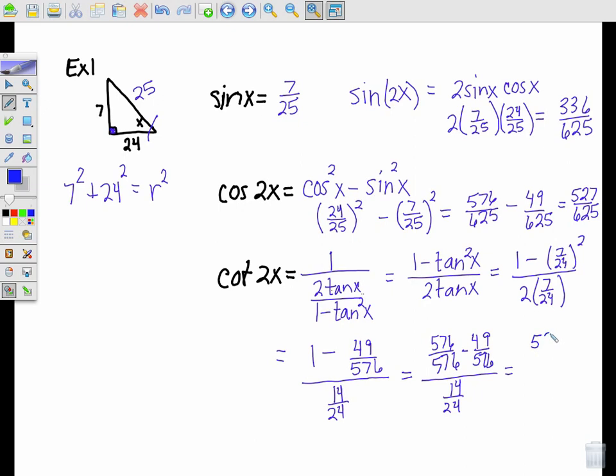Simplifying the numerator, I've got 527 over 576, and I can multiply then by the reciprocal, 24/14. As I simplify that, I would get 527 over 336. So that would be your final result there.